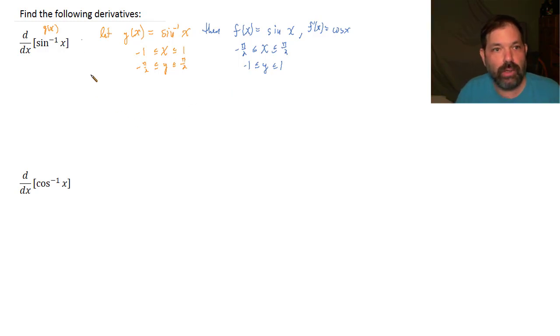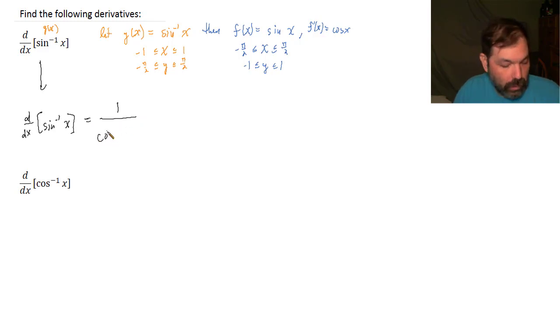So now let's see how we can use this. Then d by dx of sine inverse x, using that formula we saw on the previous slide, would be 1 over cosine of arcsine, sine inverse of x.